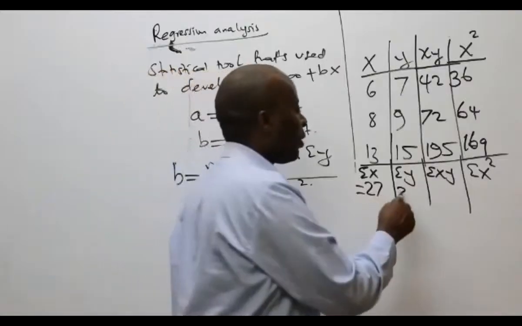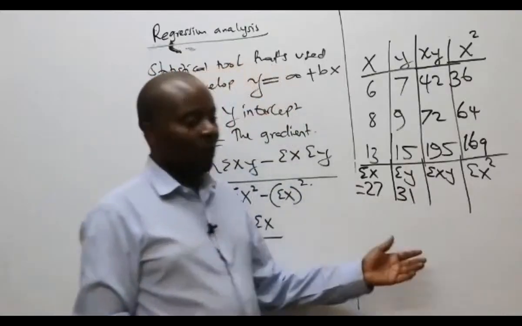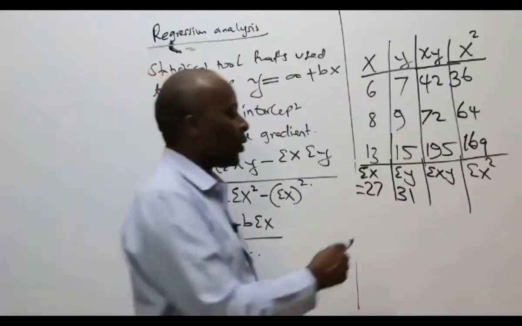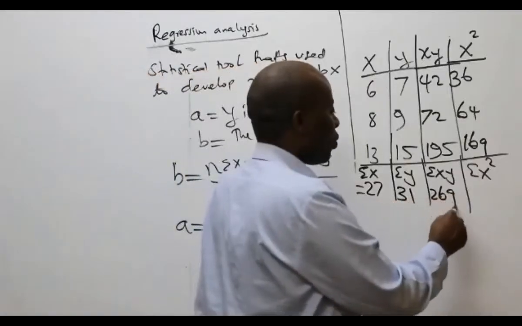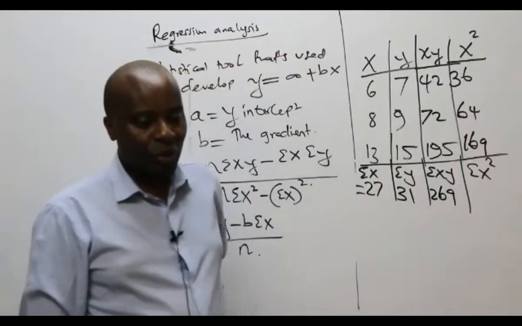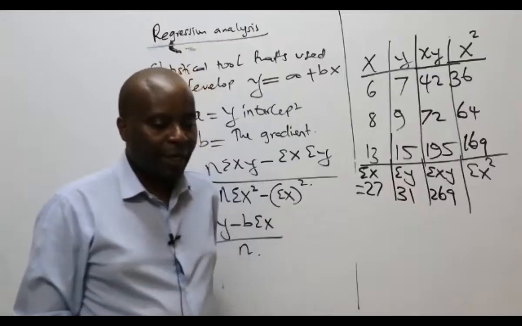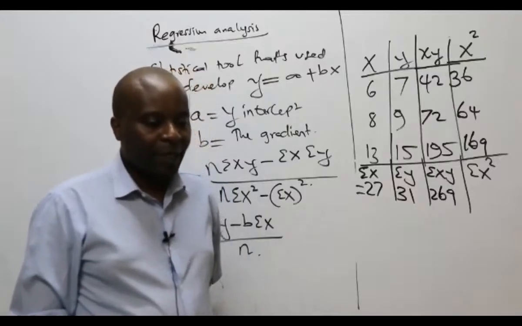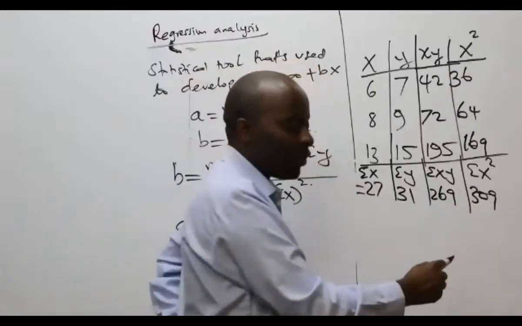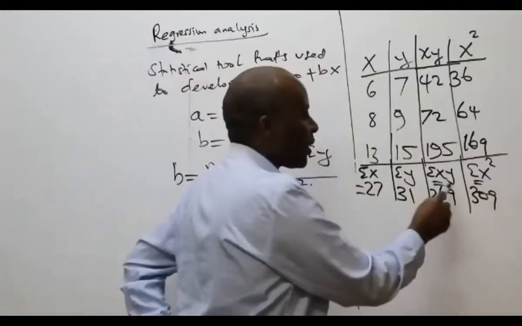Next is 31. Thank you very much. How about the third one, summation of xy? Sharon tells me it is 269. Summation of x squared? 309. Thank you very much. So remember that these are summations.